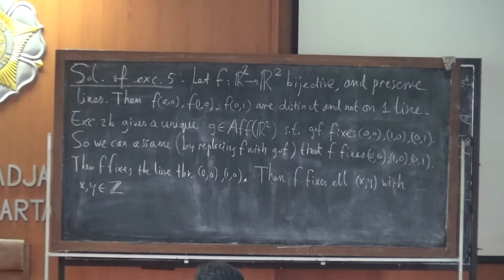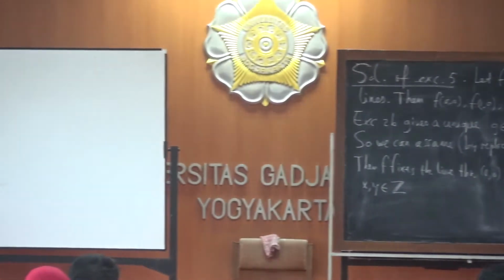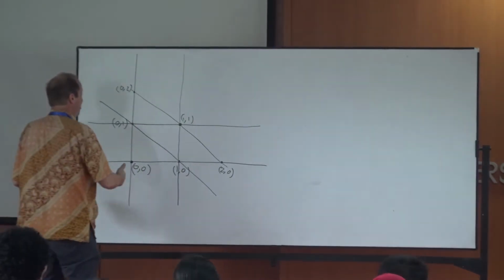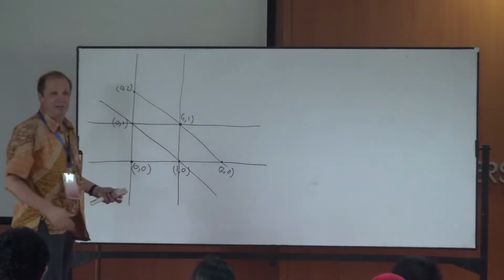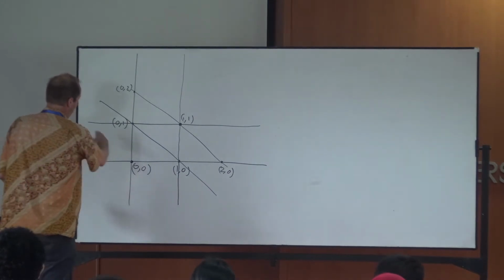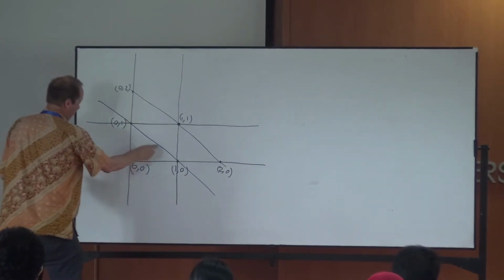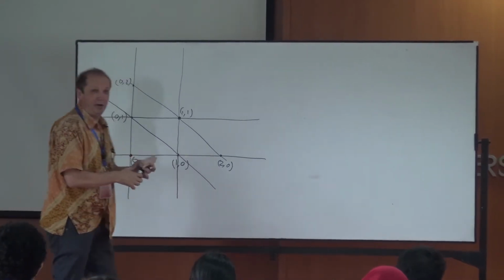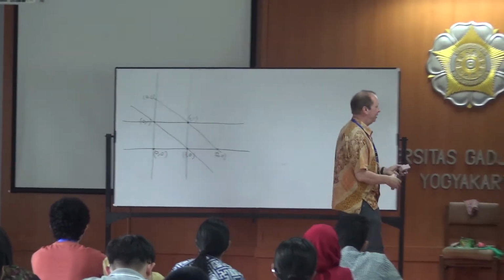Because if I can get from 0 and 1 to 2, here you see I draw another vertical line, I get to 3 and so on. And I can probably also go to the left, yeah? I can maybe also draw this parallel line to that one through this point, and then I get a point here, right? So I hope you are convinced that I get this.